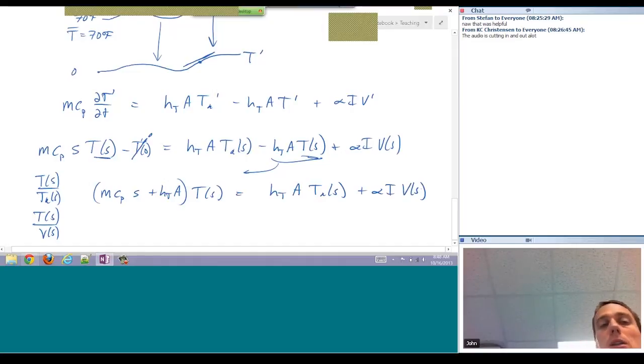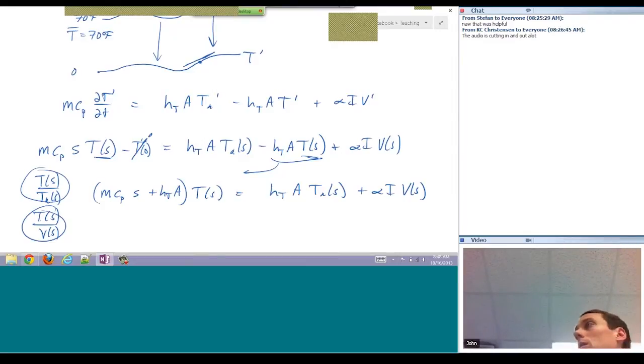Now how do I get these? First of all, let's just assume voltage is constant and only the ambient changes. So what does voltage do? It's 0 because it's a deviation variable. Yeah, that's right. So let's assume that this is constant, and then let's get our transfer function.